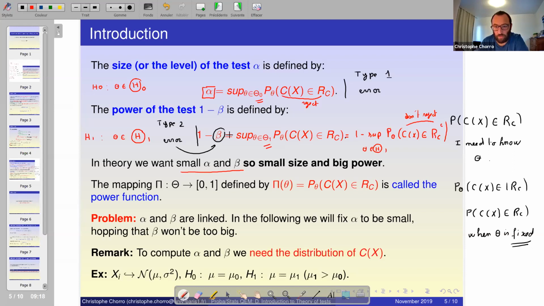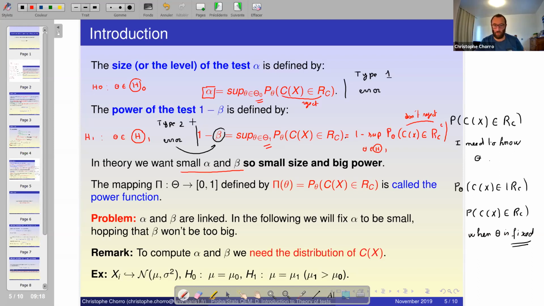I want the probability that I don't reject, knowing that I belong to the alternative set of hypotheses, to be small. So I want my beta to be small, and so my 1 minus beta to be big, in the sense that it is near 1.